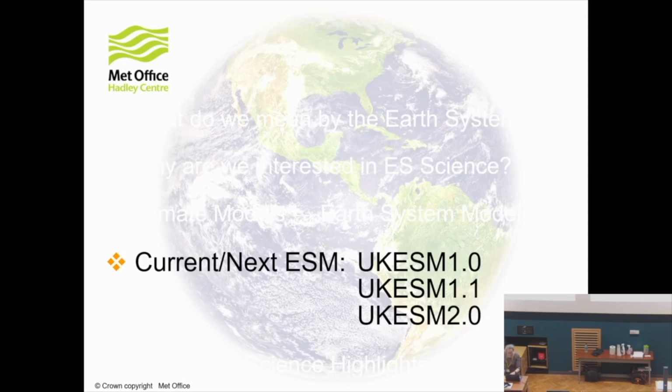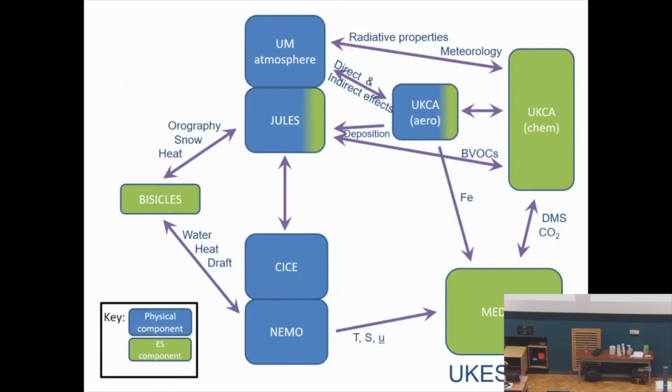Over the next couple of slides, I'll just indicate a little bit about those models. This is a schematic showing the different components within the UK's Earth system model, and this is version 1.0. The blue boxes show what we consider to be physical components.